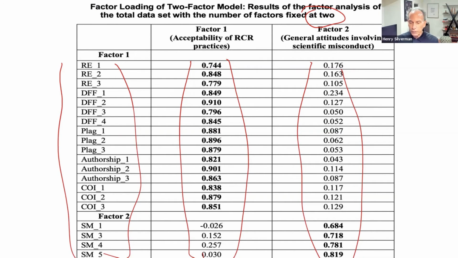Now, what's in bold are correlation coefficients that are very high. And we see correlation coefficients that are low. In this factor, we see more correlation coefficients that are high and the rest are very low. So we know that all the items in a questionnaire with high correlation coefficients or factor loading represent one construct.